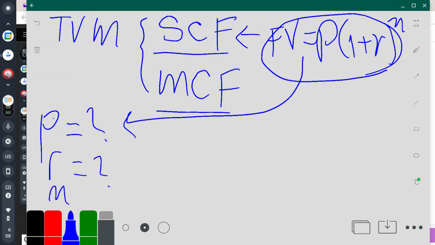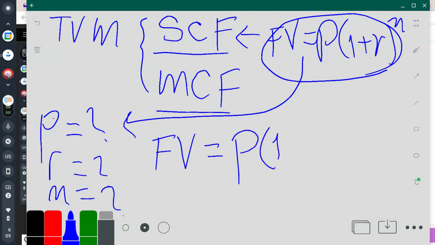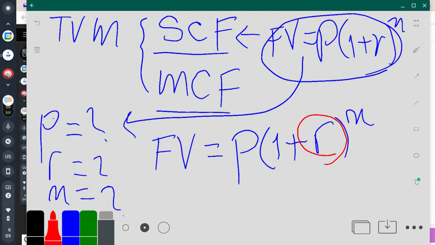And what about n as the unknown? This is what we need to talk about today. From the base formula, we could solve for r, which is inside the parenthesis with the padlock on it.